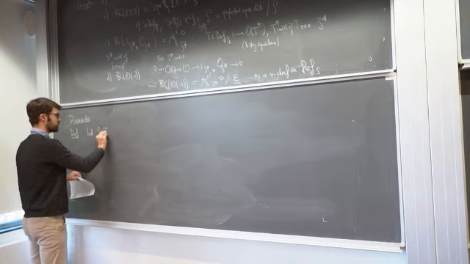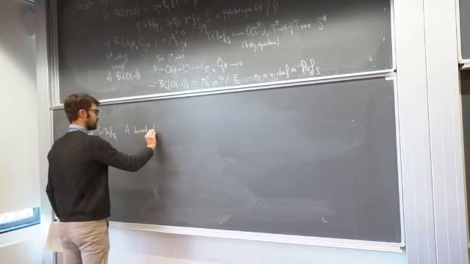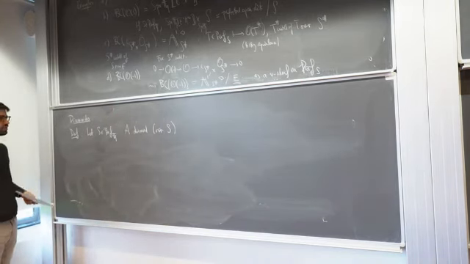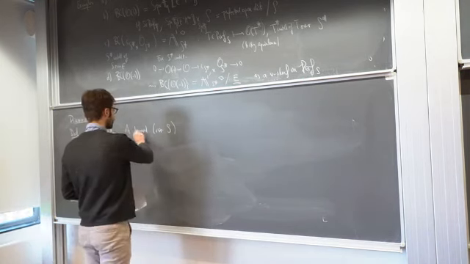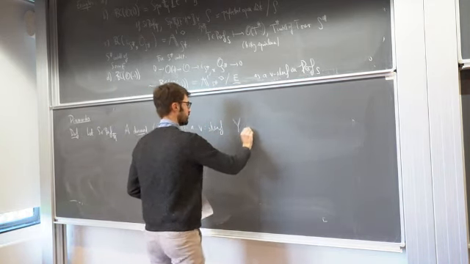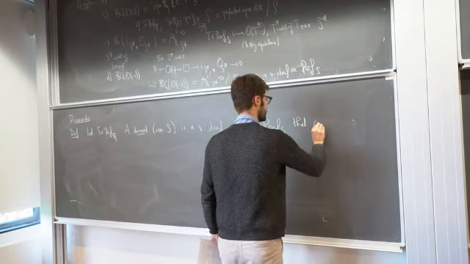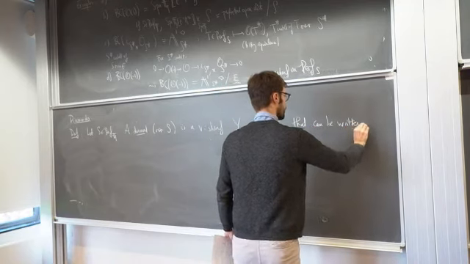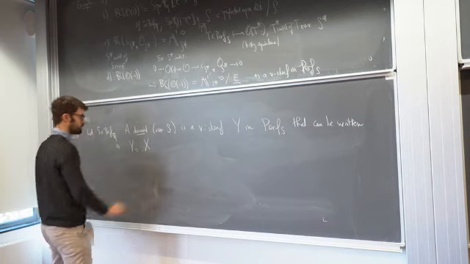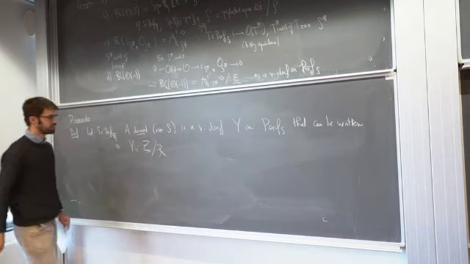Again, you fix a perfectoid space S over F_q. We can also just take S to be F_q itself, then it's not a perfectoid space. A diamond over S is a V sheaf Y on the category of perfectoid spaces over S that can be written as the quotient of a certain perfectoid space Z by some equivalence relation.